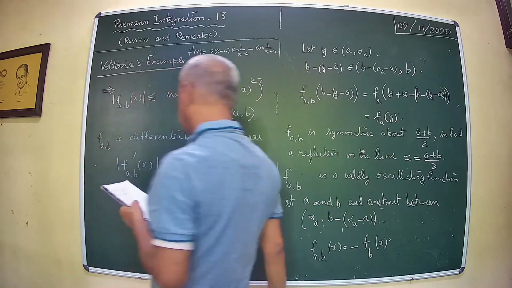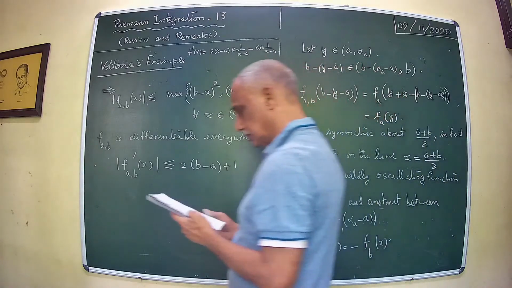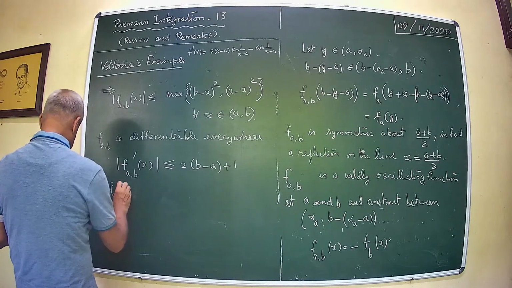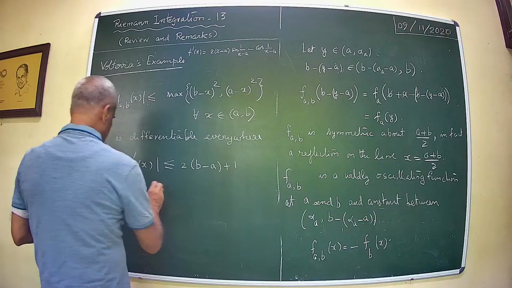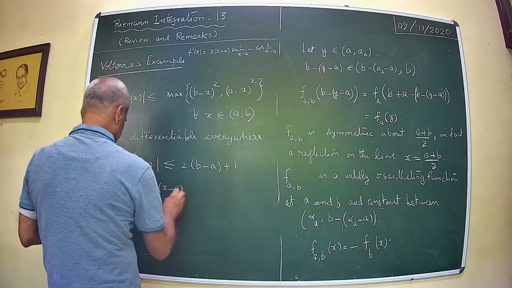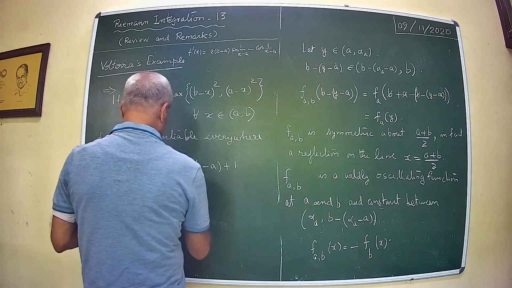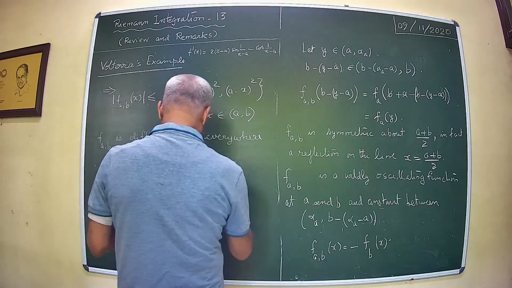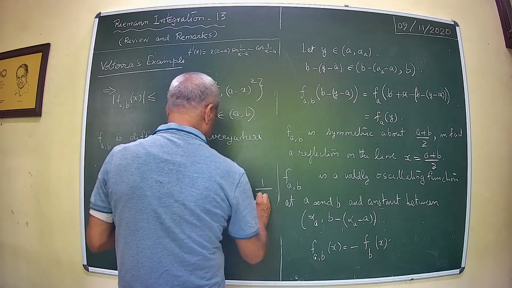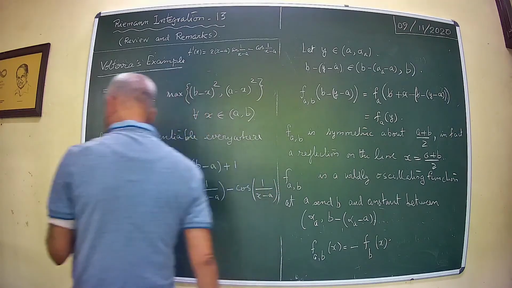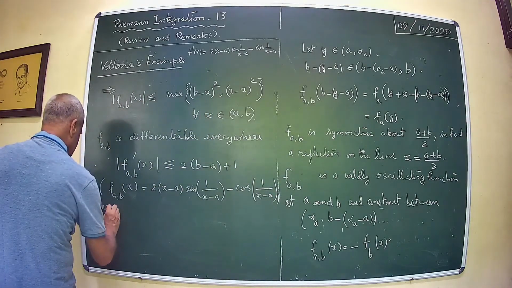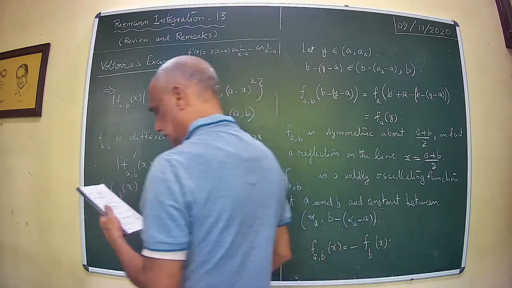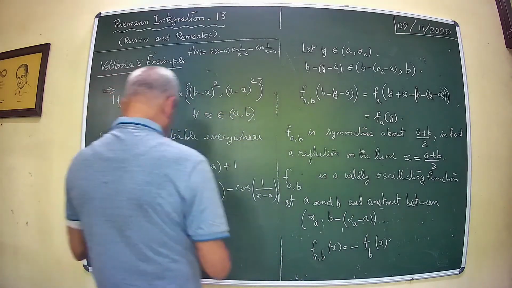That's why you get this. Okay. So in fact f_ab'(x) is equal to 2(x minus a) sin(1/(x minus a)) minus cos(1/(x minus a)), and then of course you can get the derivative on the other side, which is easy. So okay.